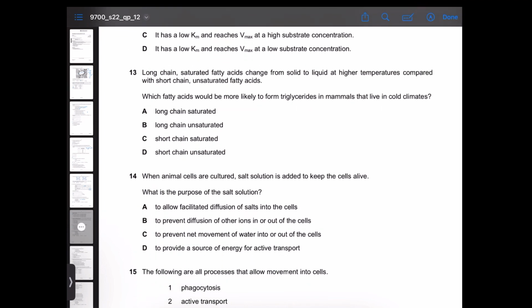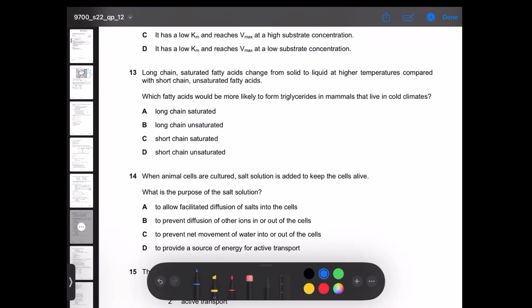Long chain saturated fatty acids change from solid to liquid at higher temperature compared with short chain unsaturated fatty acids. Which fatty acid would be more likely to form triglycerides in mammals that live in cold climates? So basically, in cold climates, the fluidity decreases.